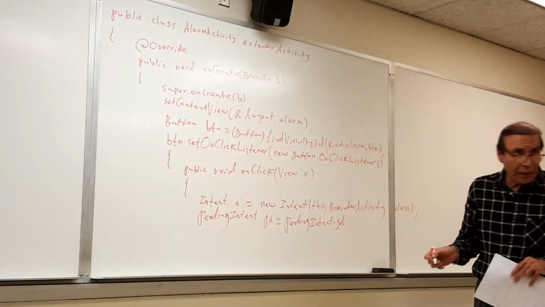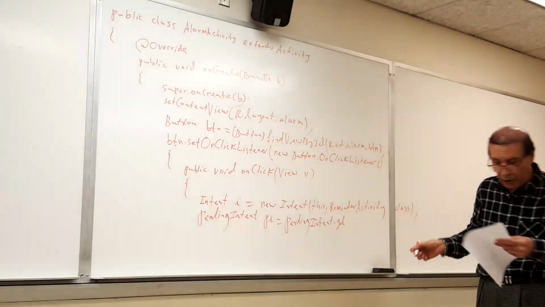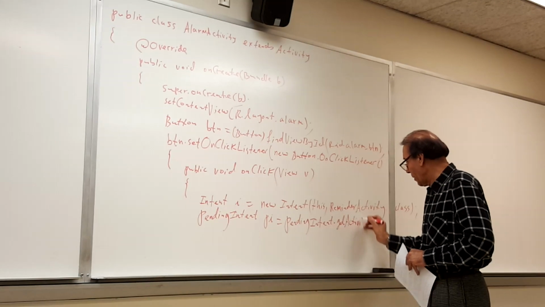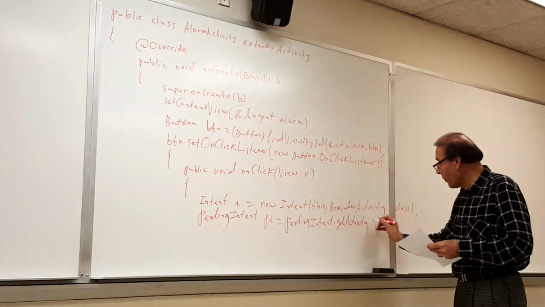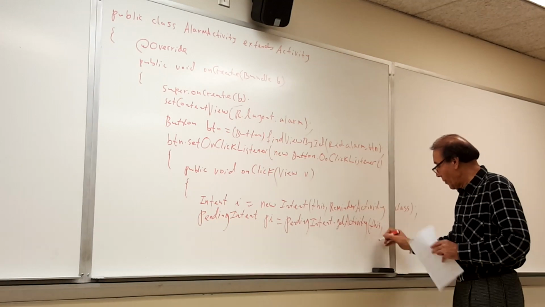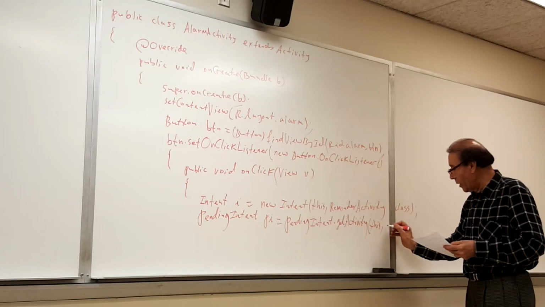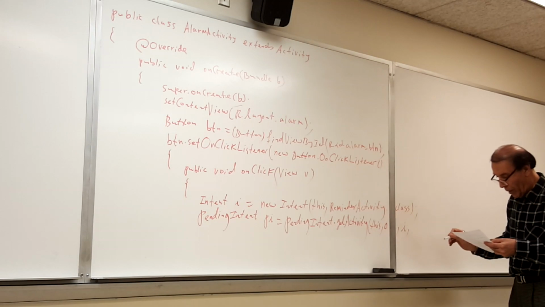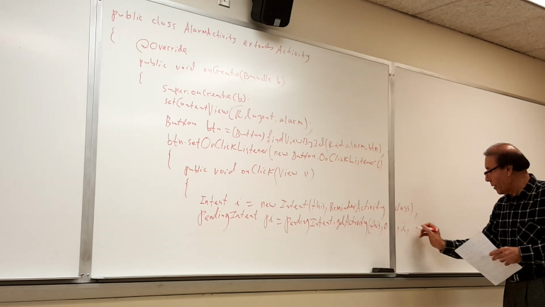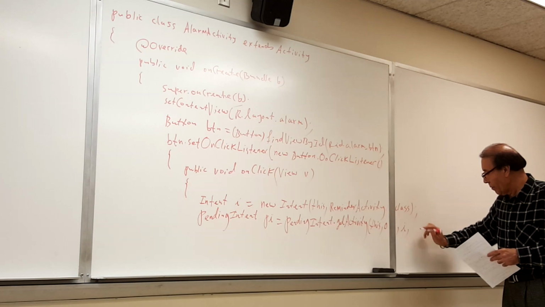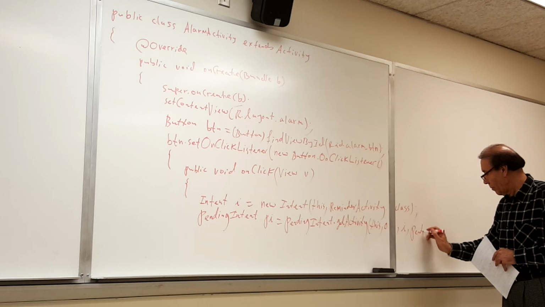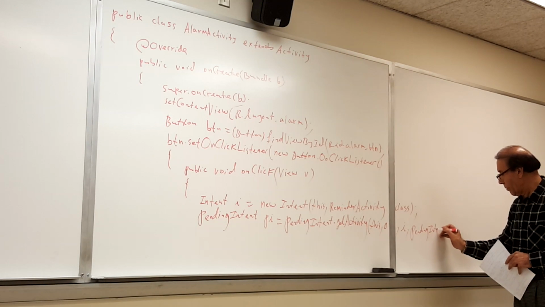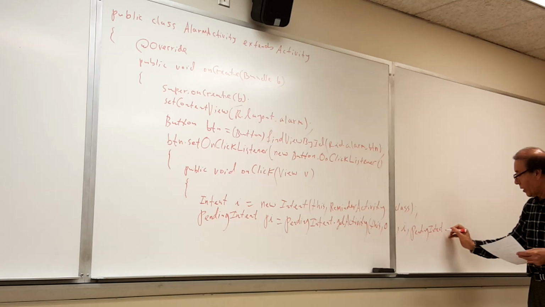You guys know that PendingIntent doesn't have any constructor, so you need to call the factory method. The name is getActivity, and the first argument is context. Then the flag, PendingIntent.FLAG_CANCEL_CURRENT.